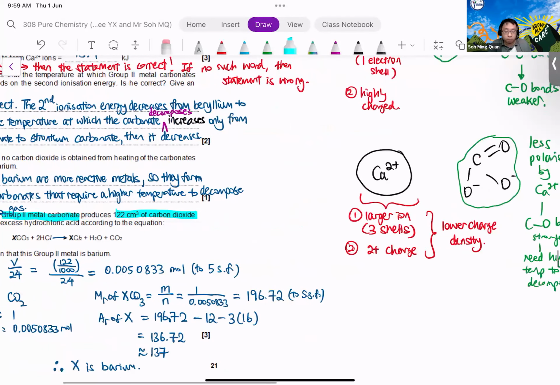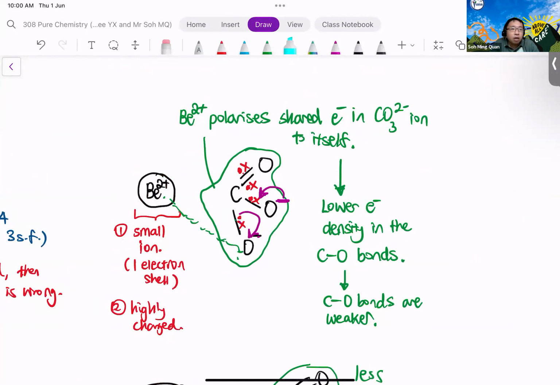Now, let's take beryllium carbonate, for example. Beryllium carbonate is an ionic compound, right? Be2+, CO3 2-. There's ionic bonding between the Be2+ and the CO3 2- because they are oppositely charged ions.